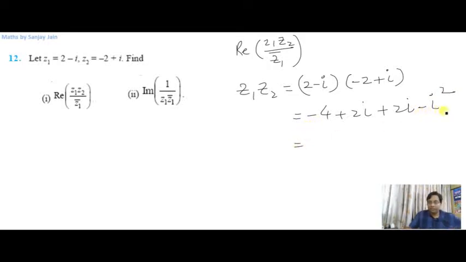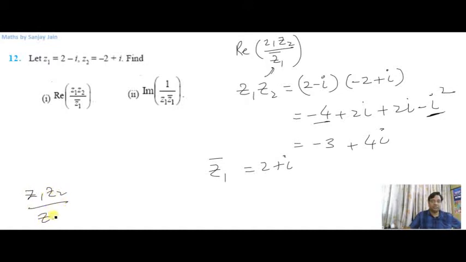Okay, so this is plus 1, this is minus 4, so minus 3 plus 4 iota, and it should be divided by z1 bar. What is z1 bar? It is 2 plus iota. So if I divide it with 2 plus iota, I'll get z1 z2 upon z1 bar, which will be equal to minus 3 plus 4 iota divided by 2 plus iota.